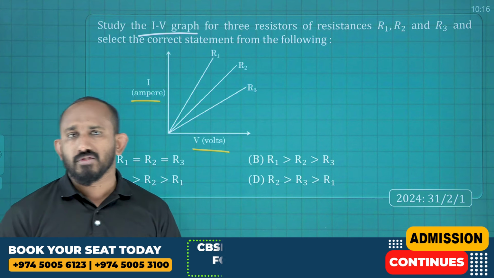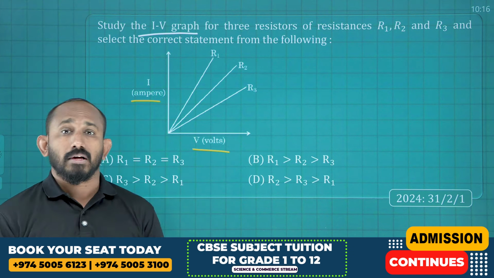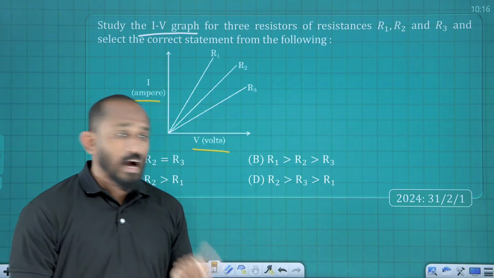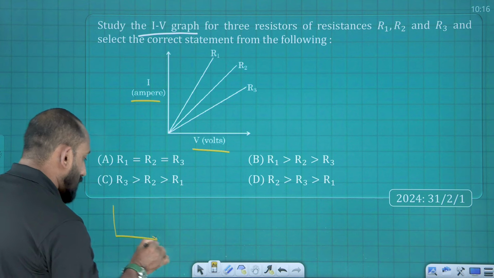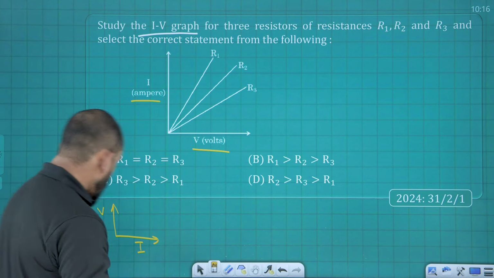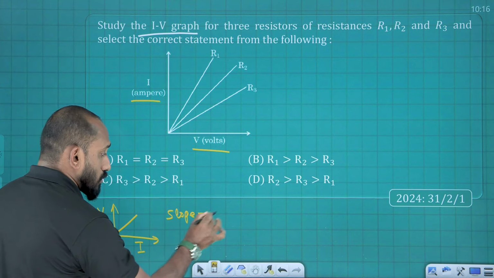You know Ohm's law, one of its best applications is that we can find the unknown resistance from the graph of the relation between V and I. If it is a VI graph, with voltage along the y-axis and current along the x-axis, then the slope or the gradient gives you the resistance.